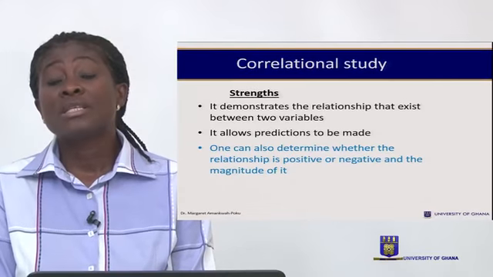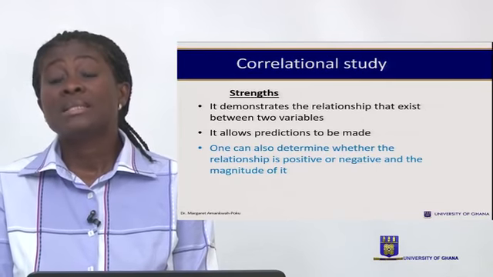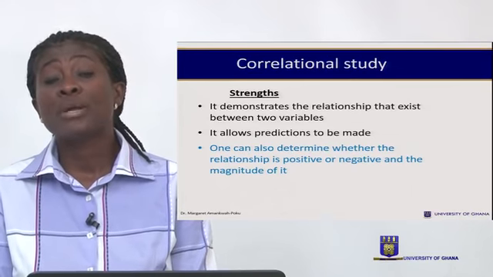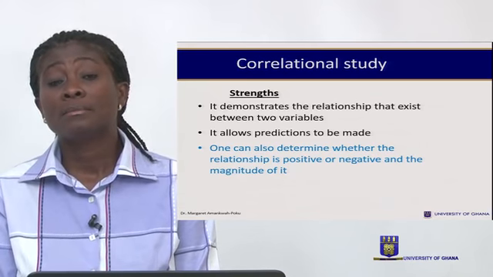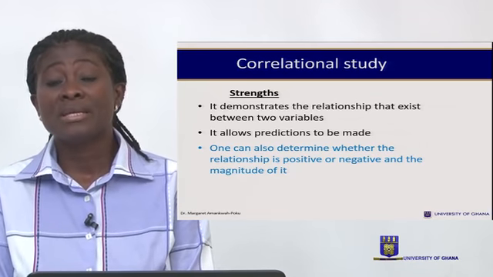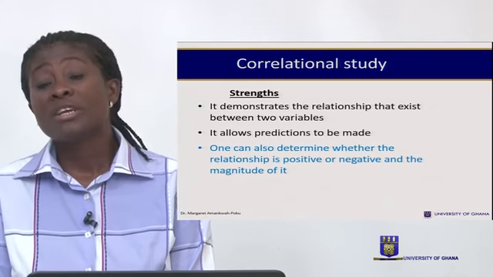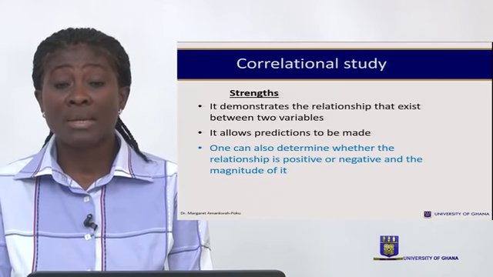But where you have it ranging from 0.1 to 0.3, that means that the relationship is weak. If you have a relationship that ranges from 0.4 to 0.6, that is a moderate relationship. And then 0.7 to 0.9 is a very strong relationship.